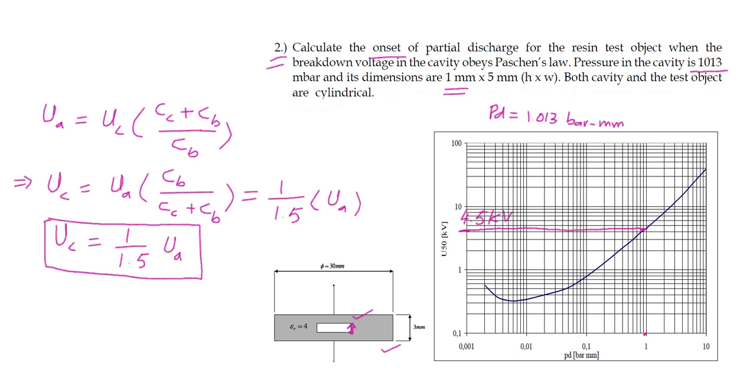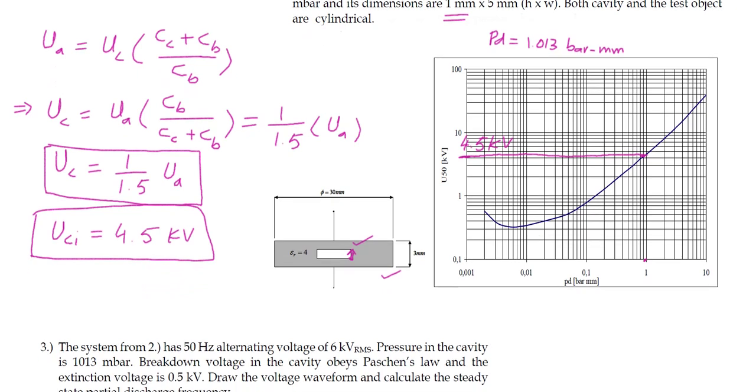So we call it UCI, the onset voltage or the inception voltage of the cavity. This will be equal to 4.5 kilovolt. We will use this information to solve another problem which is given now.